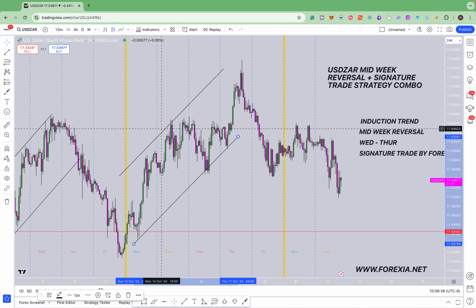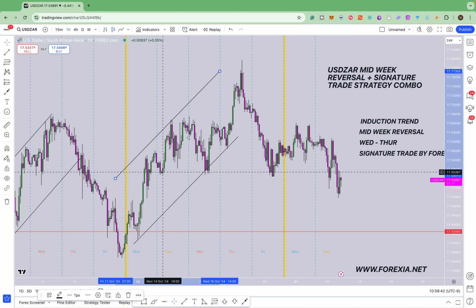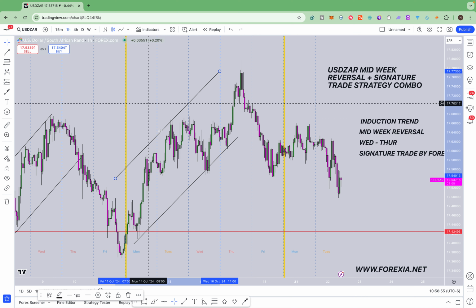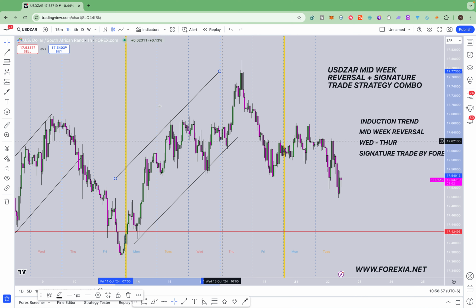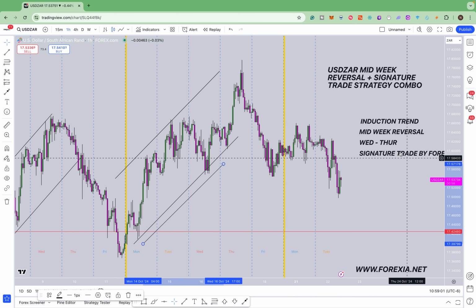Here we can see a very good example of this induction trend starting Monday, Tuesday, and then going into Wednesday, Thursday. Basically what we want to do is plot our trend lines on the bottom trend line and the top trend line of this induction trend. So we'll just mark this out as the induction trend.